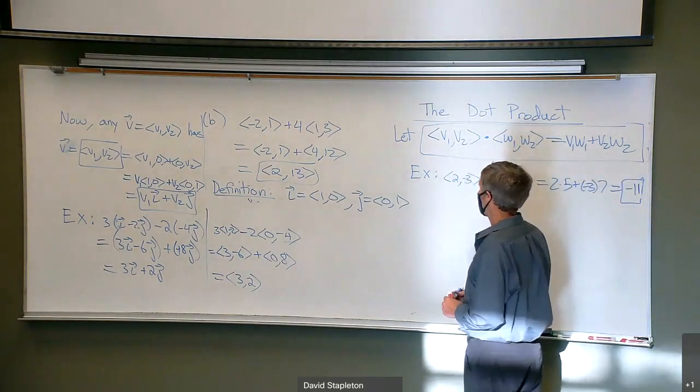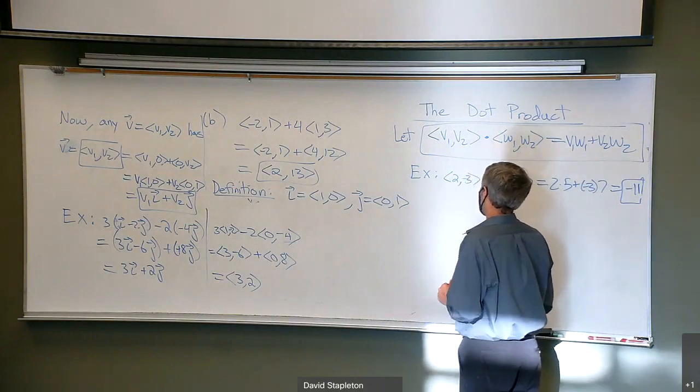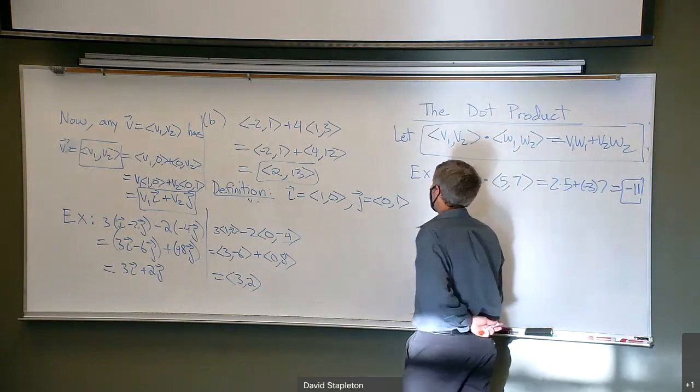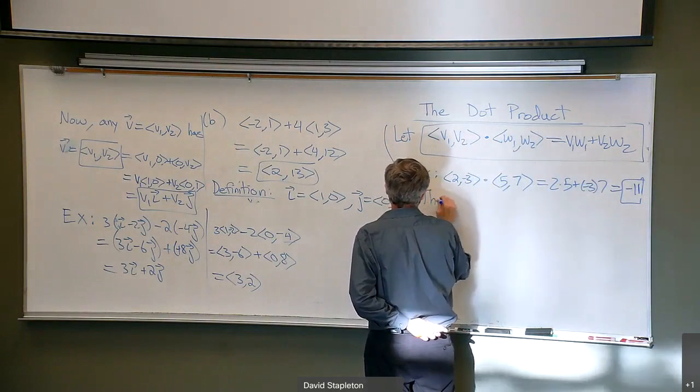Now the proof is non-trivial, so I'm going to leave it out, just trying to make sure we keep caught up this semester. It's hard to keep up. Here's a nice theorem that shows why the dot product is so useful.